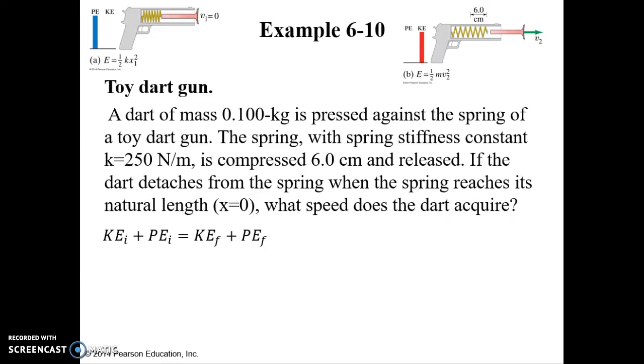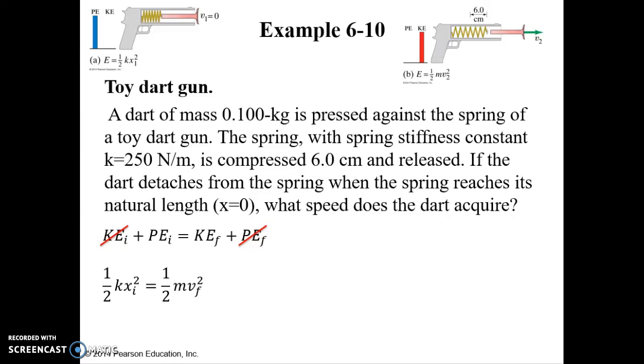Just like we've done before, use conservation of energy. In this example, the initial kinetic energy and the final potential energy are 0 because the dart starts at rest, and when the dart leaves the spring, there is no elastic potential energy because the spring is relaxed.